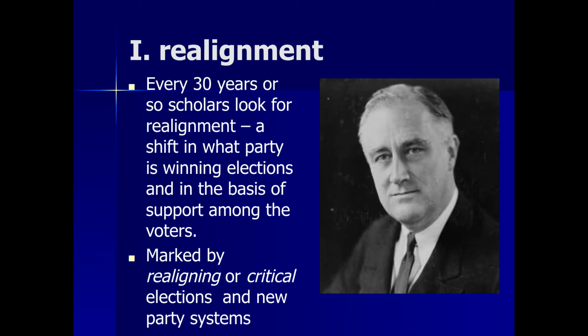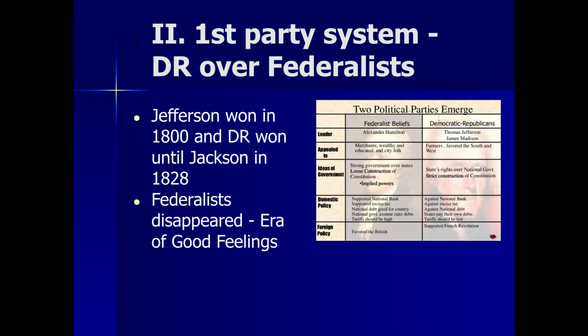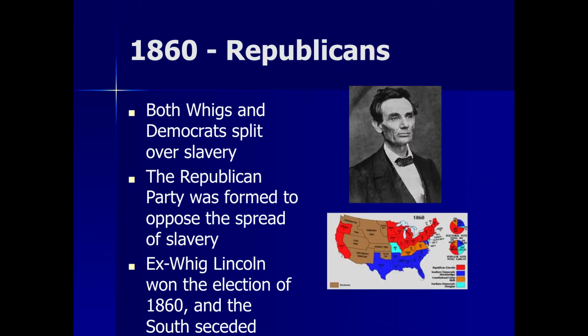All right, so then we did realignment. Every 30 years there's a change in who's winning and why. It's got 4 characteristics: a realigning election, a new issue, a change, and it's an enduring change, so it spells out RICE. Okay, and so we focused on Lincoln and the Republicans in 1860.